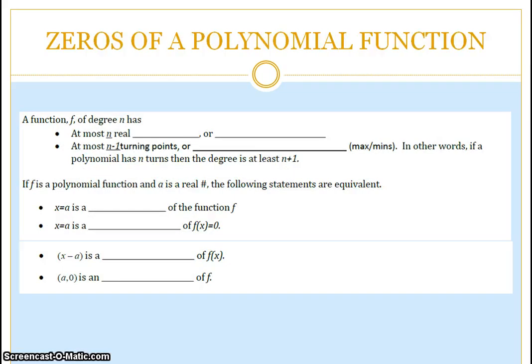Okay, some more terminology. If the function f is degree n, it has at most n x-intercepts, which are also known as zeros and roots. And in fact, if it is degree 5, it will have 5 roots, but it may not have 5 x-intercepts, because some of them may be complex. And there are at most n minus 1 turning points, also called relative extrema.